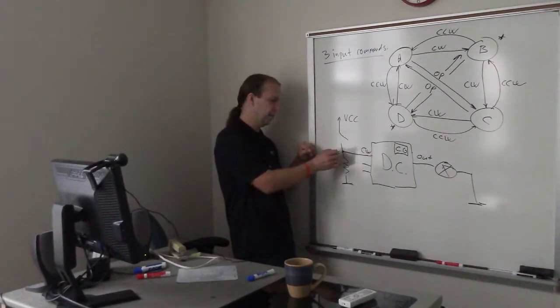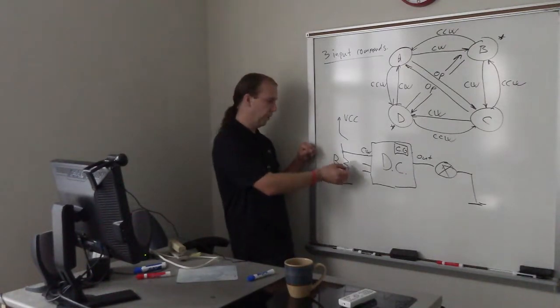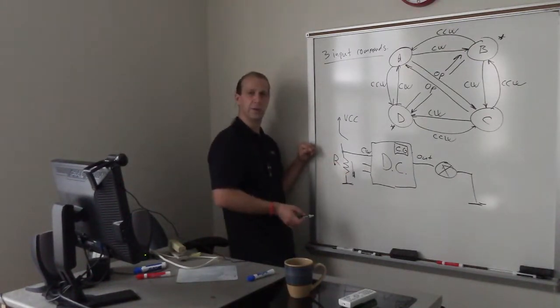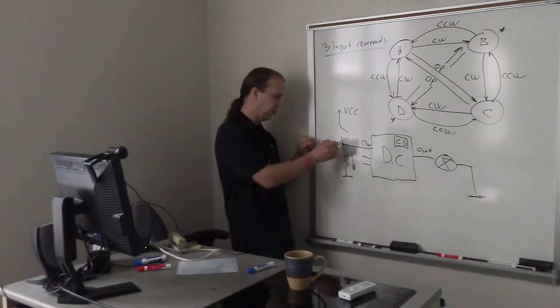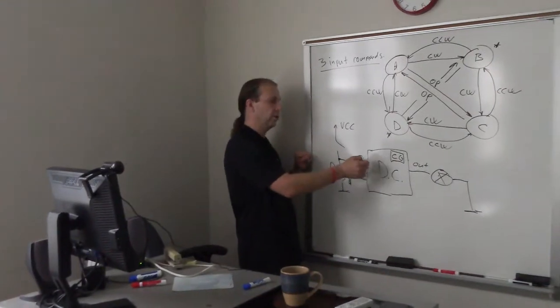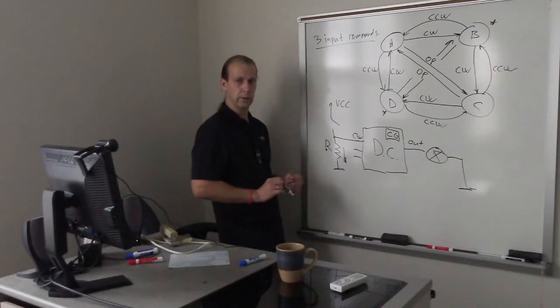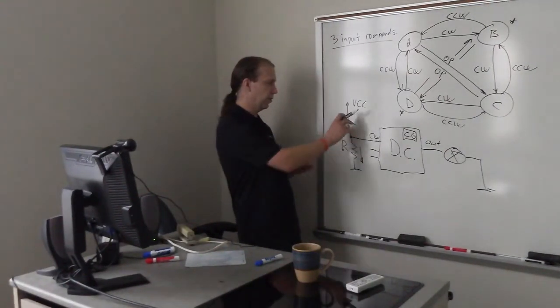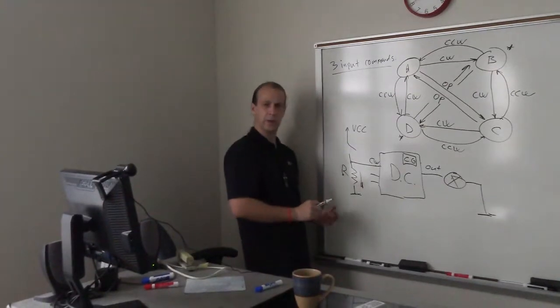And this is called voltage drop. Resistor is made for that purpose. There will be a current through the resistor, and that current will create a voltage drop. So here will be 0, here will be VCC. And VCC will go here. So the clockwise command will be read as high. So in other words, we're just talking about making our input either high or low.